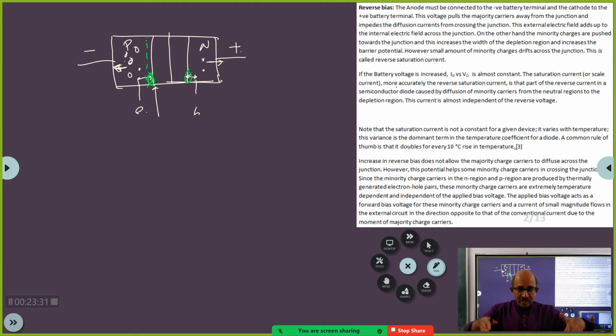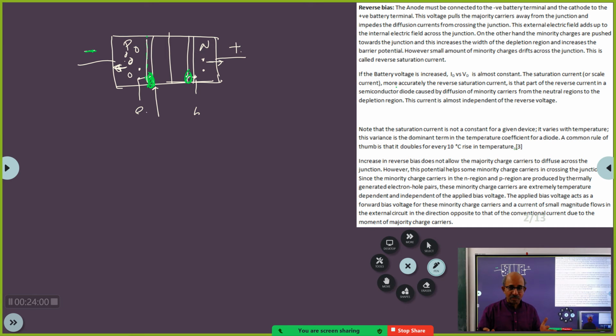Because as the temperature increases, the minority charge carriers will increase, and this point of the depletion layer is affected by the increase in the minority charge concentration. And because this is negative, this is less positive than this, the minority charges are pushed towards this point, and therefore the depletion width will start increasing. Clear?